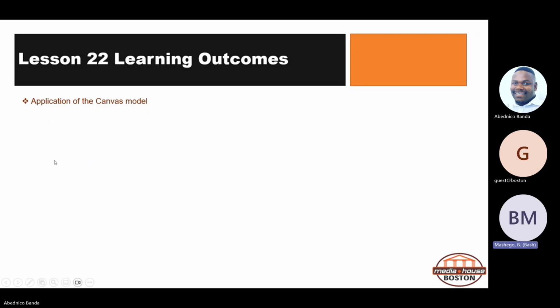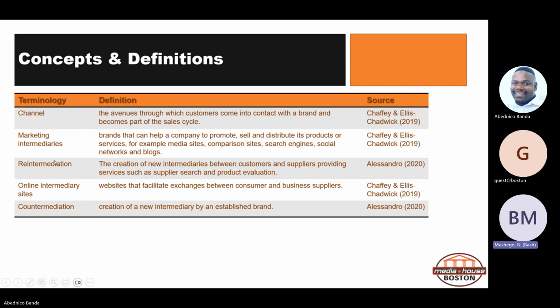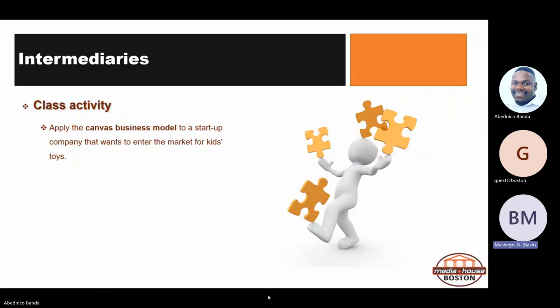So, in the previous lesson, we learned the role that intermediaries play, and that is distribution of products or services. They are third parties, so they're in between the producer and the consumer, and their role basically is to connect the two.